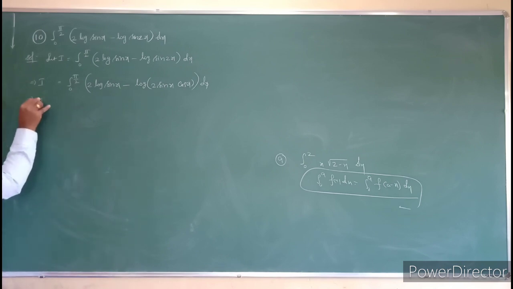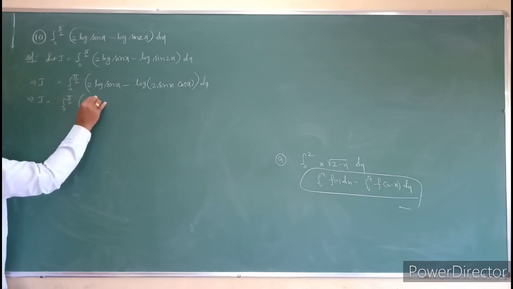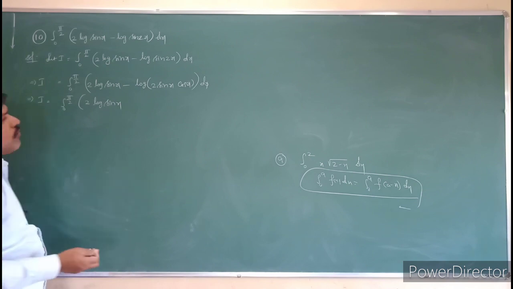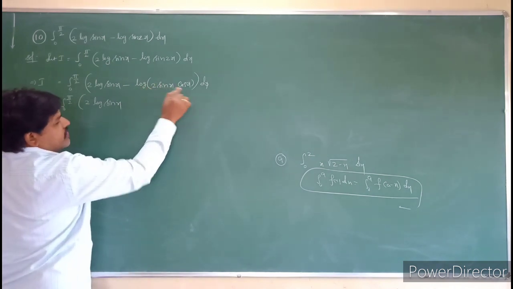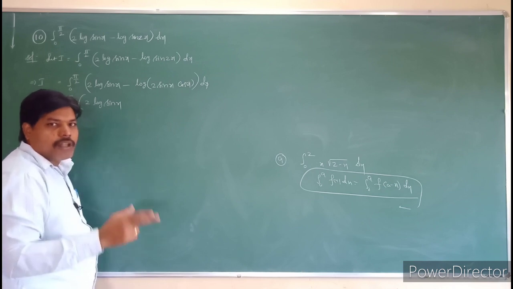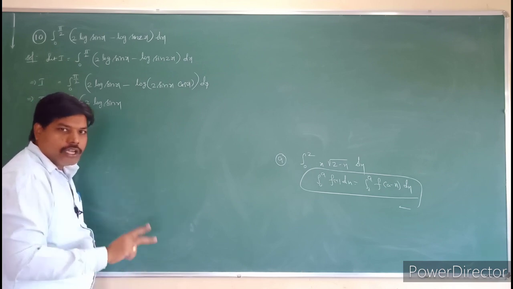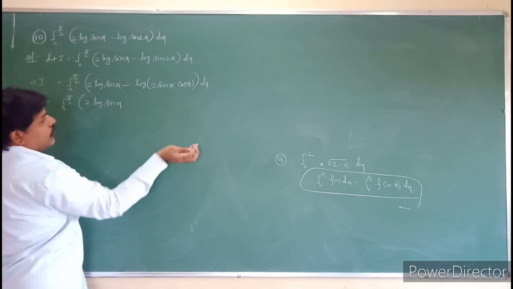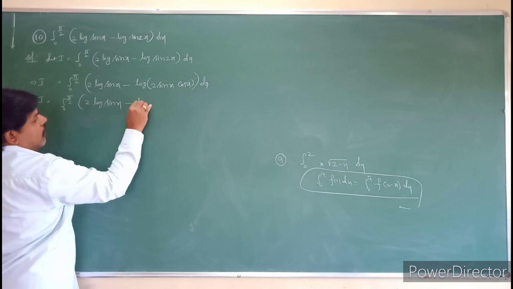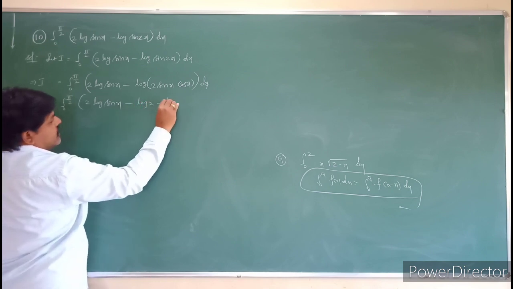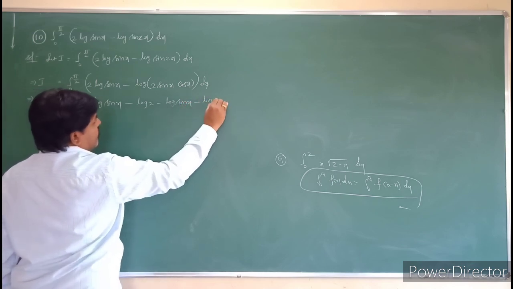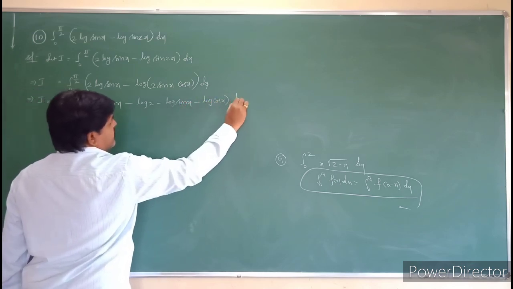So that implies I is equal to integral 0 to pi by 2 of 2 into log of sin x. So what is this formula? Log of ABC is nothing but log A plus log B plus log C. But already a minus is there before it, so it will become minus log 2 minus log of sin x minus log of cos x into dx.